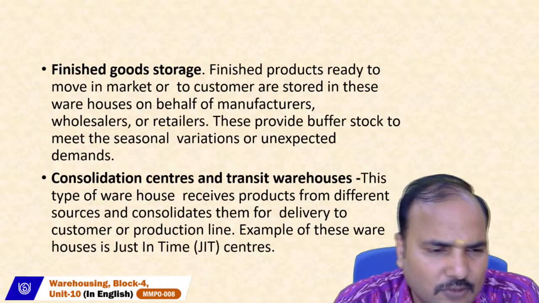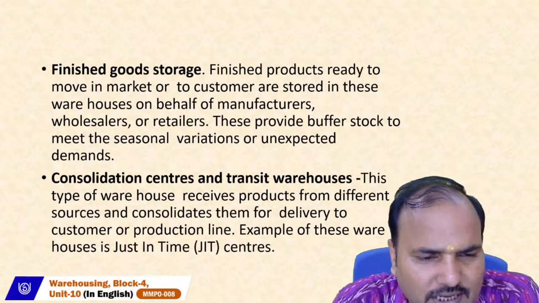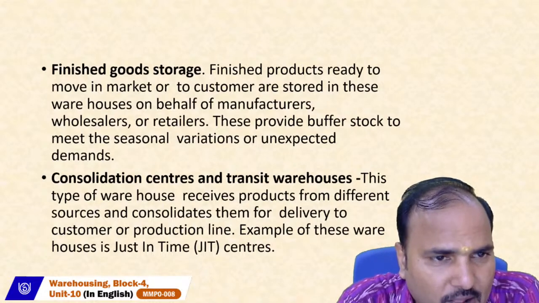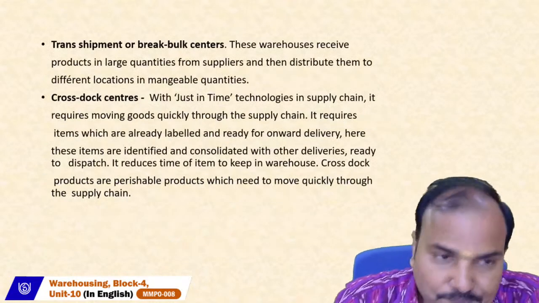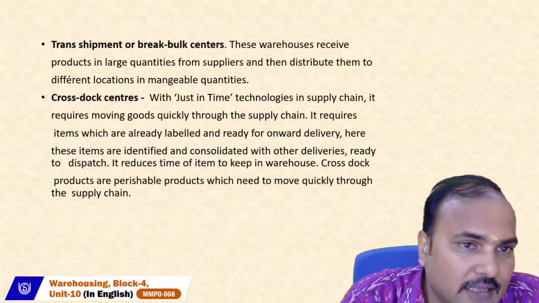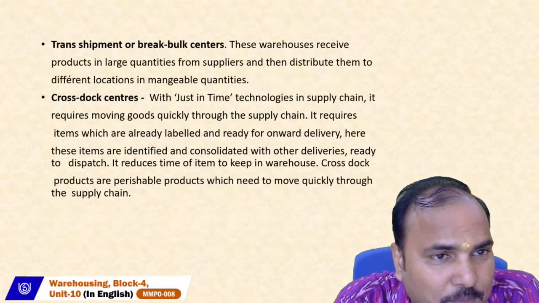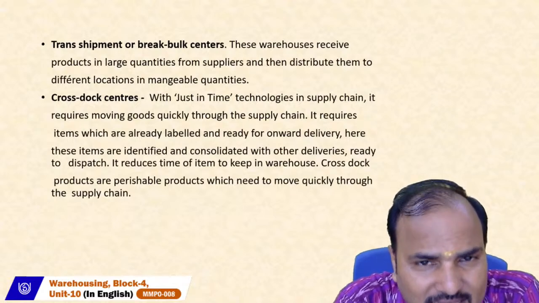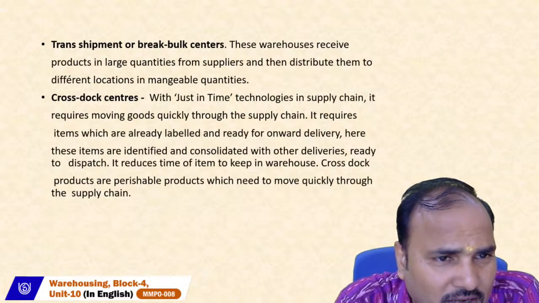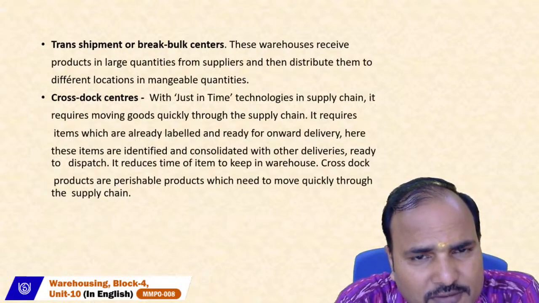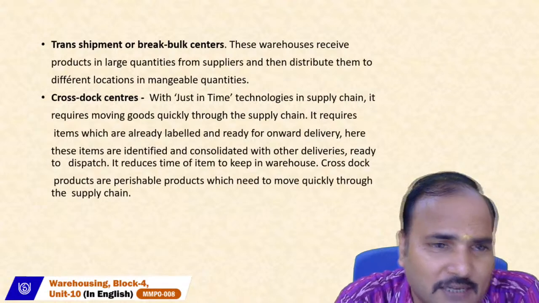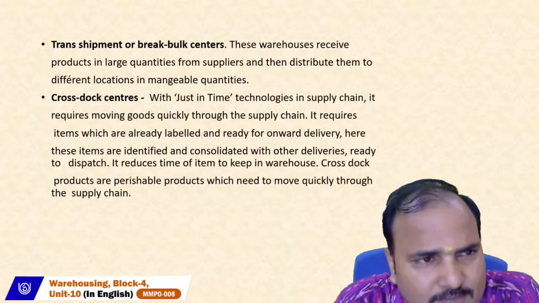An example of these warehouses is just-in-time centers. Another is transshipment or break bulk centers. These warehouses receive products in large quantities from suppliers, and after that they distribute them to different locations in manageable quantities.